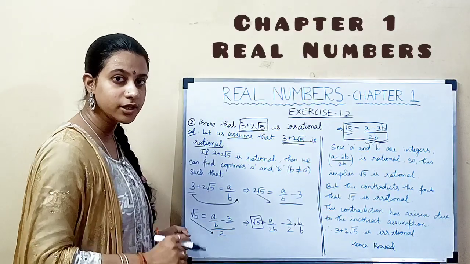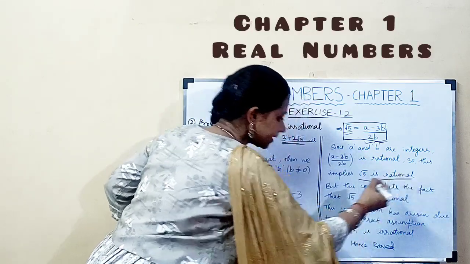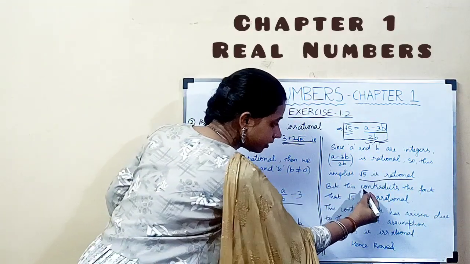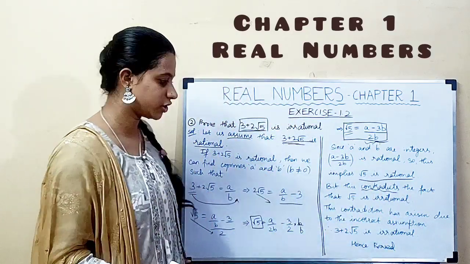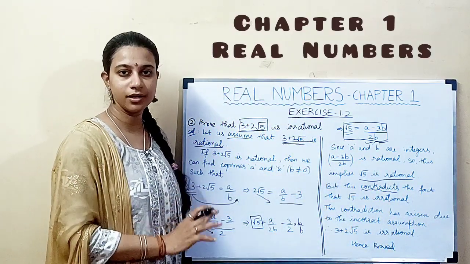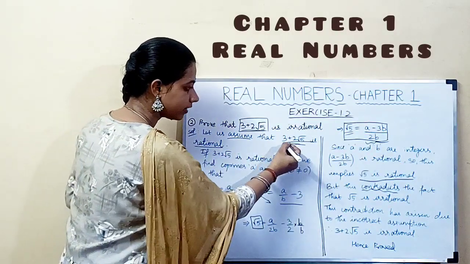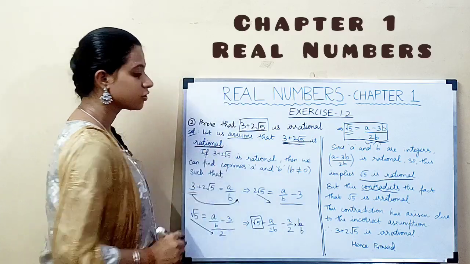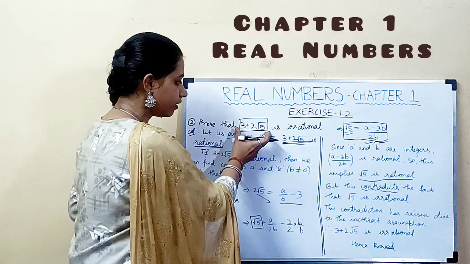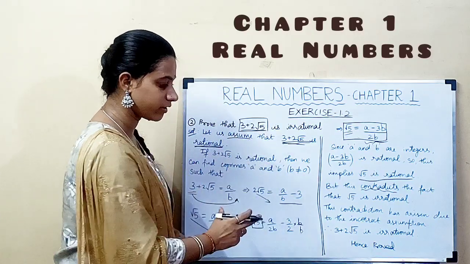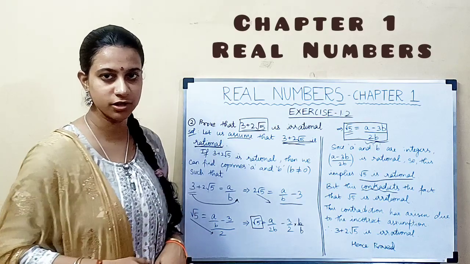Since we already know that root 5 is irrational and here we are getting it to be rational, this contradicts the fact that root 5 is irrational. So this contradiction has arisen because of our incorrect assumption that 3 plus 2 root 5 is rational. So our assumption is incorrect and we prove the given number 3 plus 2 root 5 is irrational. Now let's move to the third question.